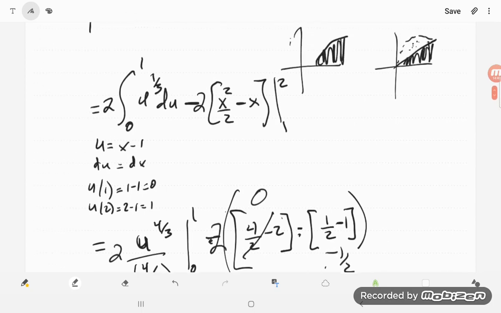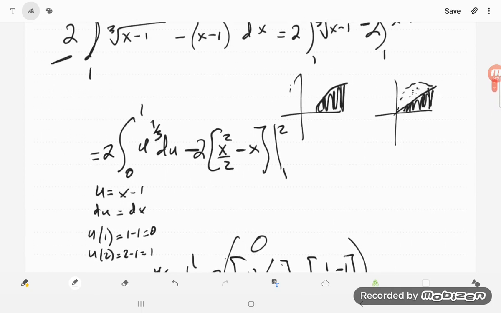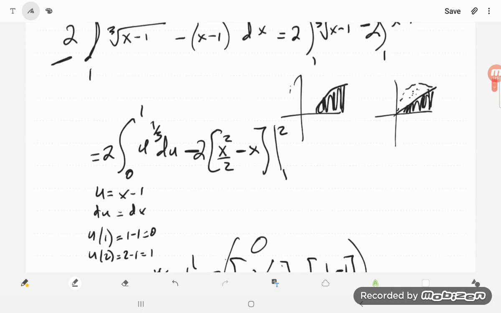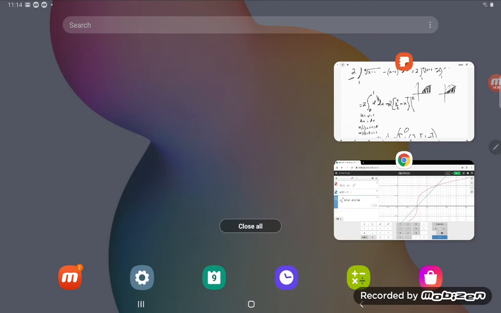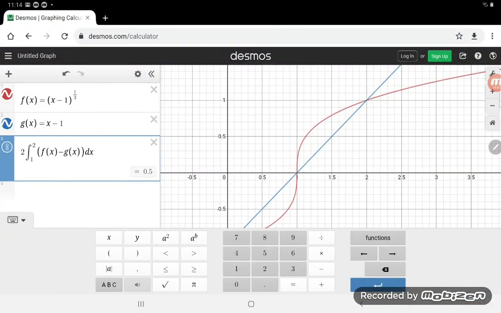And another thing one could check is, well, if we went from 0 to 1, as long as we're here and we're taking this time, if we go from 0 to 1 on this thing, we thought we ought to get the same answer as from 1 to 2. So here we see our answer from 1 to 2 is a half.